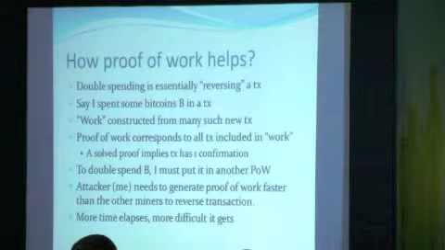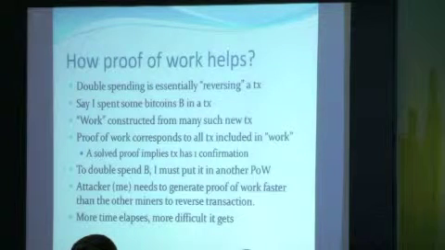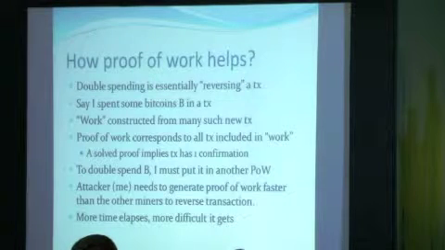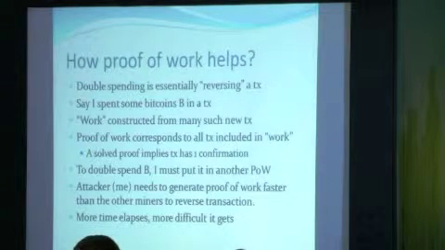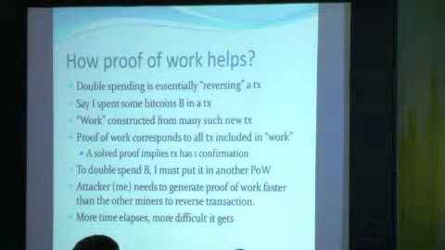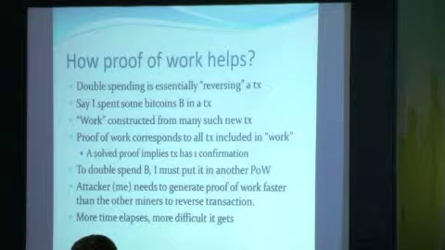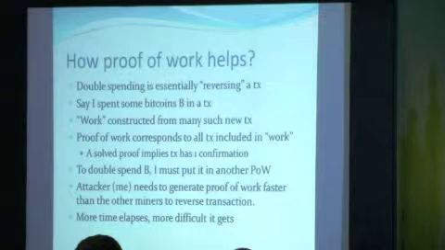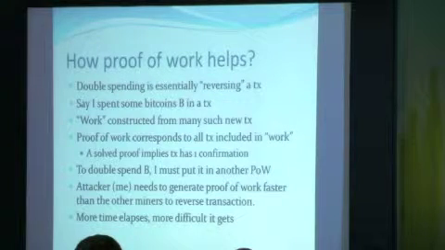This puzzle is constructed from the transactions itself, and the proof of work corresponds to the solution of the puzzle. A solved puzzle implies that this transaction has one confirmation. The moment the puzzle is solved and a transaction was included in that puzzle, that means the transaction has got one confirmation and it's sent to the network and everybody adds that to their system. So now to double spend this, you have to reverse that one confirmation.